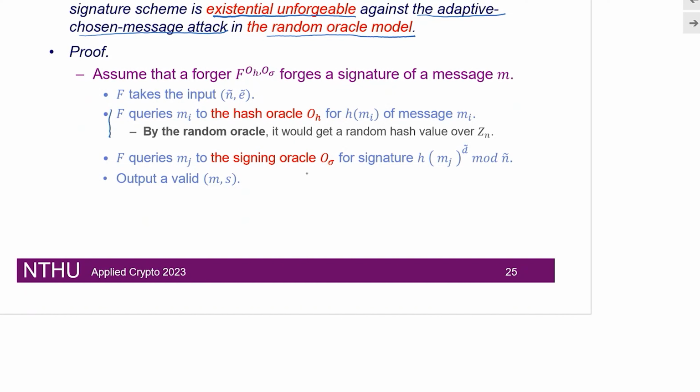We pass this to the signing oracle, which does this computation: it uses its private key to sign the message and returns the signature for us. After we have played this game, we let the attacker play with the hash function and with the signing oracle.